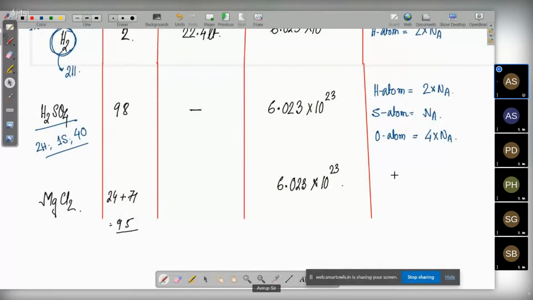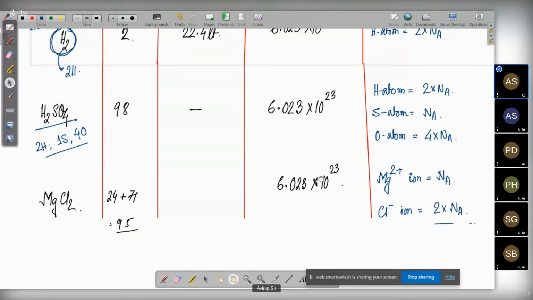So here you have to write it with respect to the number of ions. You cannot write atoms, magnesium atom, calcium atom, over here. Then it will be wrong. You have to think with respect to the number of ions. So how many Mg2+ ions are present? Avogadro number. And how many Cl- ions? 2 into Avogadro number.